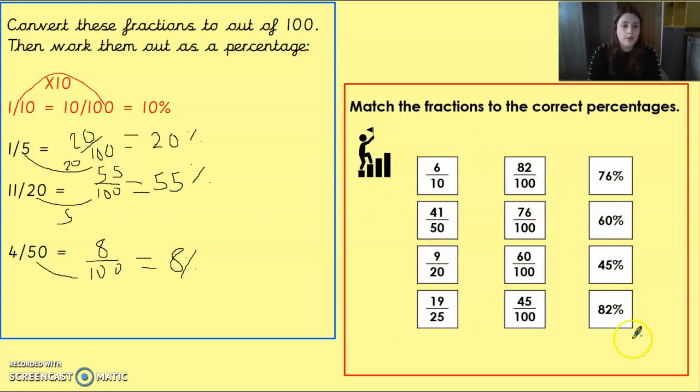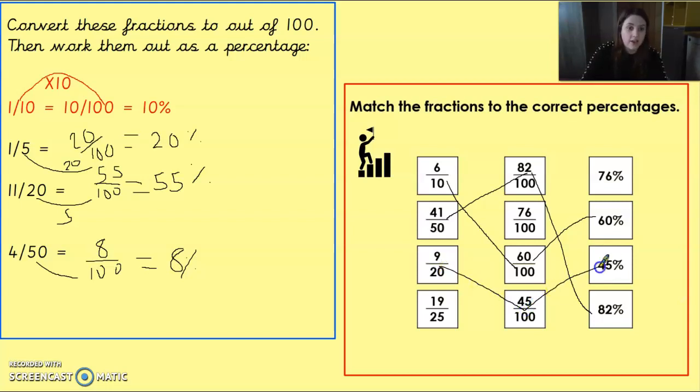I'll just really quickly go over the challenge question in case you did that one. So 6/10, I know I times by 10 and turn into 60 100ths, so that must be 60%. 41/50, I double, so I times by 2 to get 100, so I get 82 100ths. 9 times 20, now I know I times 20 by 5 to get 100, so 9 times 20 turns into 45.